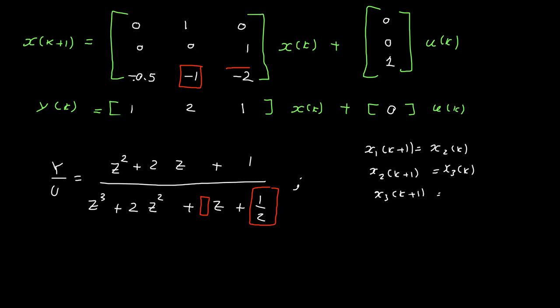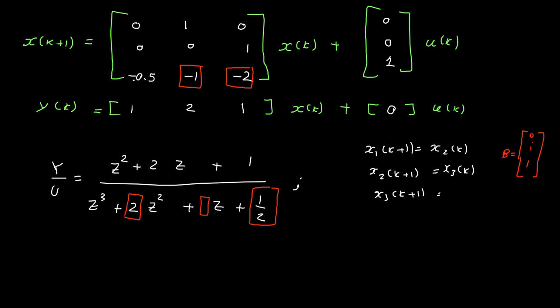And the last one here is the coefficient of z to the power 2 in the negative sign. And all the time, the B matrix will be zeros until the last equation, which will equal the 1.